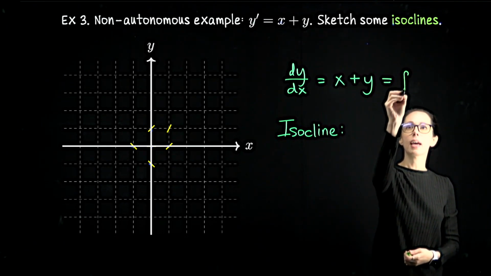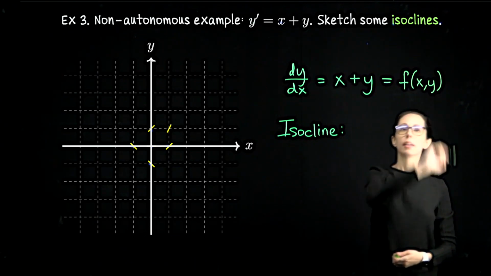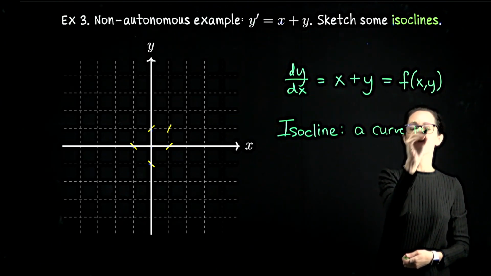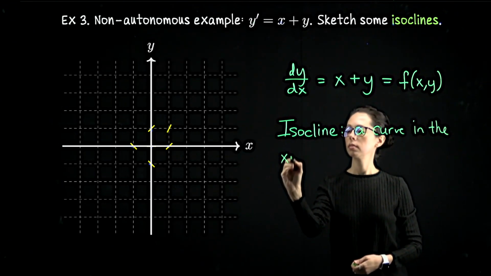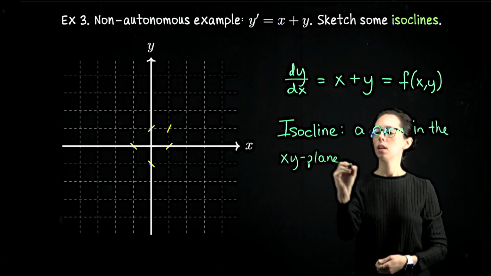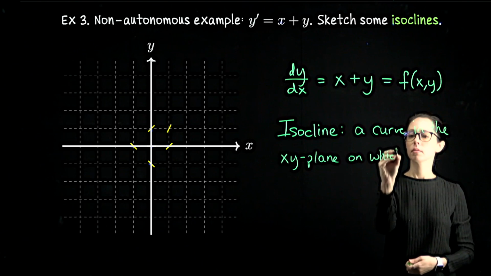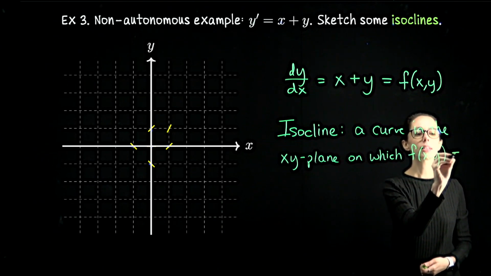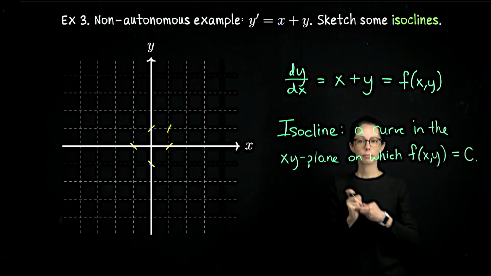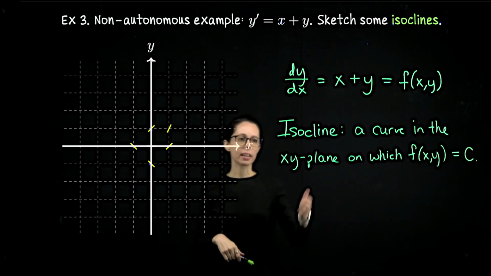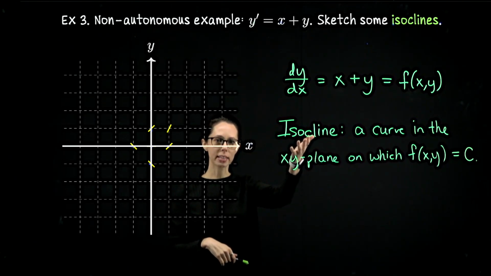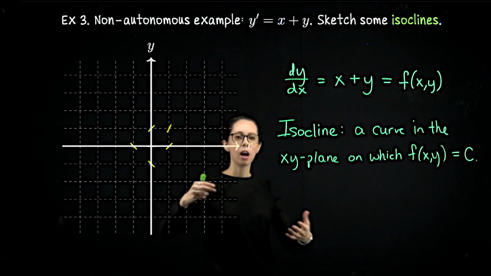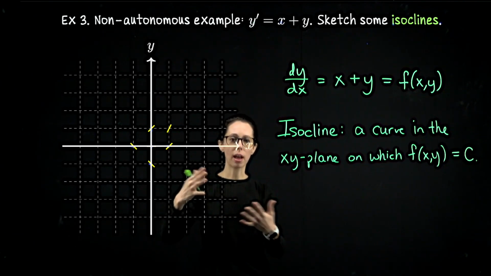So if I name this right-hand side f of x and y, then we can say that an isocline is a curve in the xy plane on which f of x and y, the right-hand side of our differential equation, is some constant value. The idea is that if I can figure out what my isoclines look like, then if I take an isocline, it gives me a whole curve on this picture, along which I know all of the slopes. They would all have the same slope.